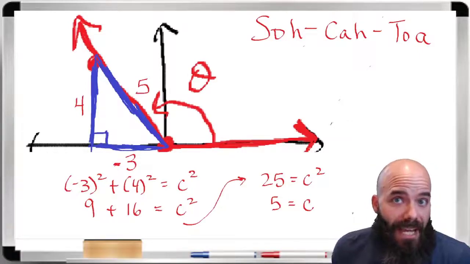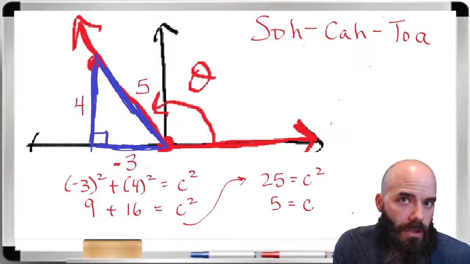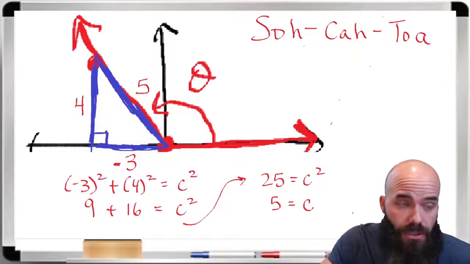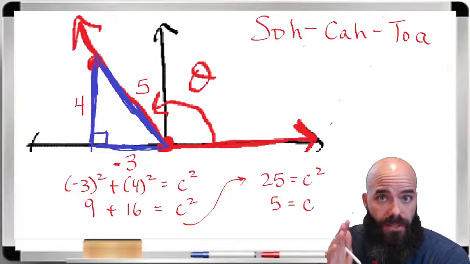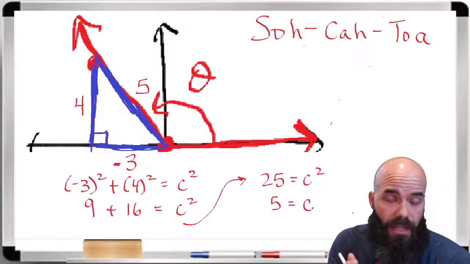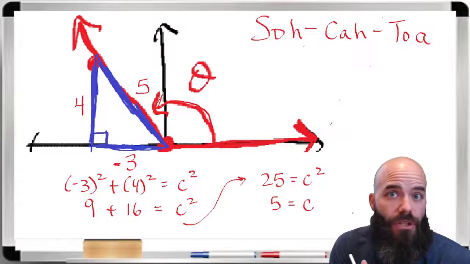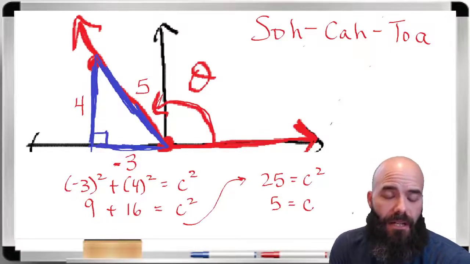If we want to find the exact values of the 6 trigonometric functions, we need to remember soh-cah-toa, and then we also need to remember reciprocal functions. So for the sake of this example, I'm going to create another angle, right? I know theta is this angle, but I'm going to look at something known as the reference angle to find these exact values.